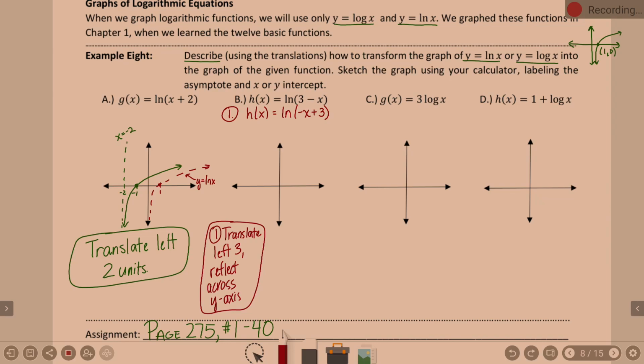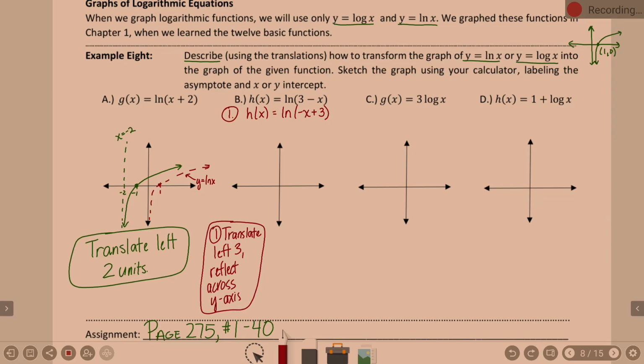If you have a negative out front of the equation, I think of that as a negative on the y, because it's on the whole function, which is y. So the negative out front reflects across the x-axis.